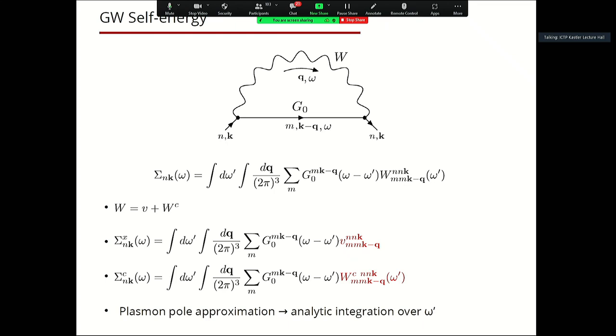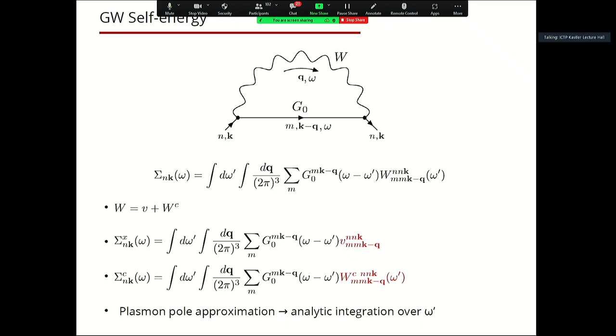Well, this lecture was mainly on the practical equations and approximations. Here I just explained the plasmon pole approximation, which is the standard procedure, and this is why I take it as an example, because the main goal of this part of the lecture was to show the equations of what is standard.